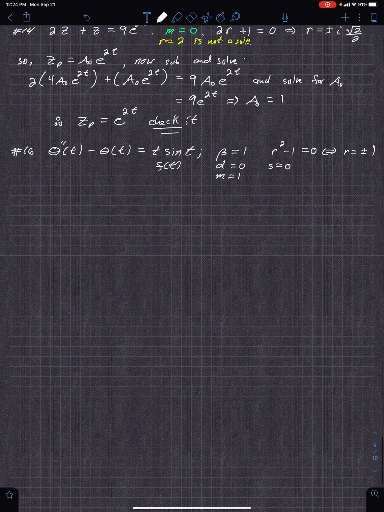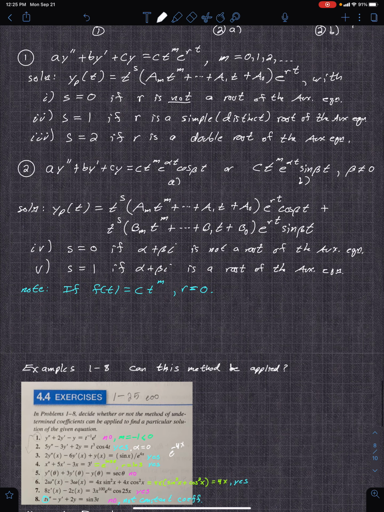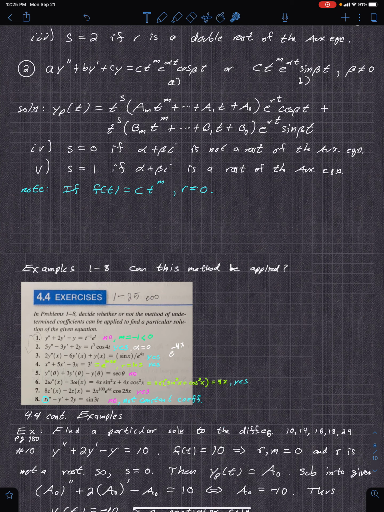Let me go back here. Yeah, so this is not a solution, so we're using s is equal to 0.